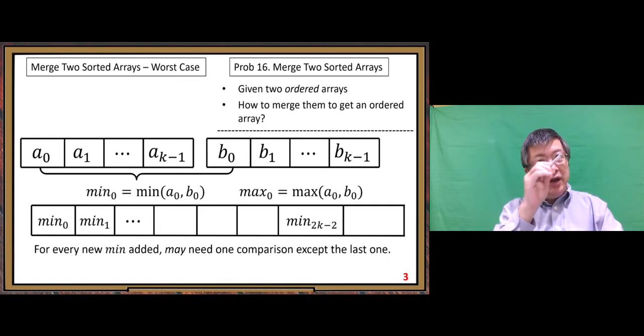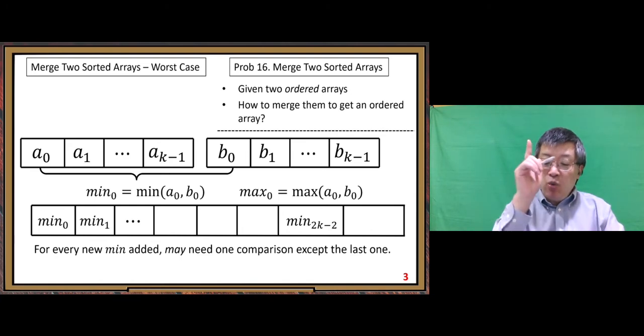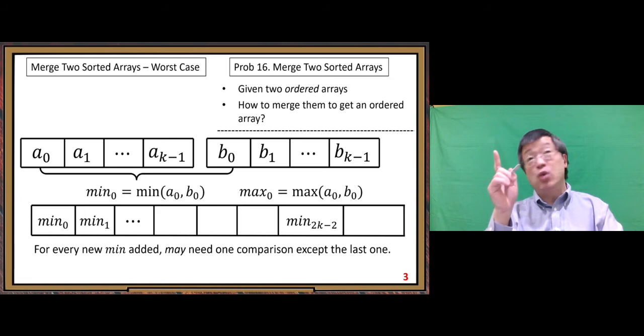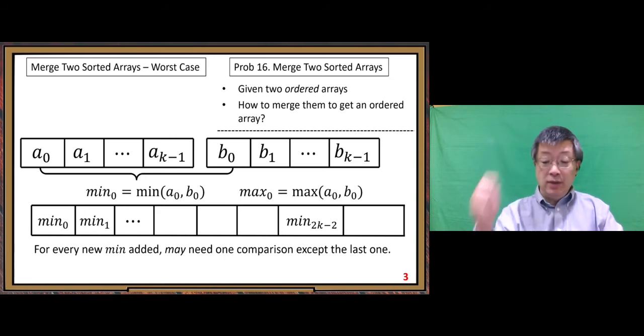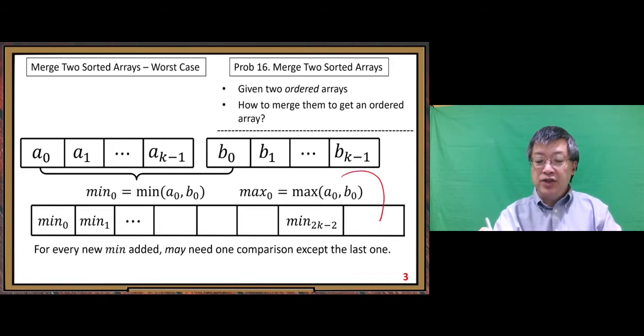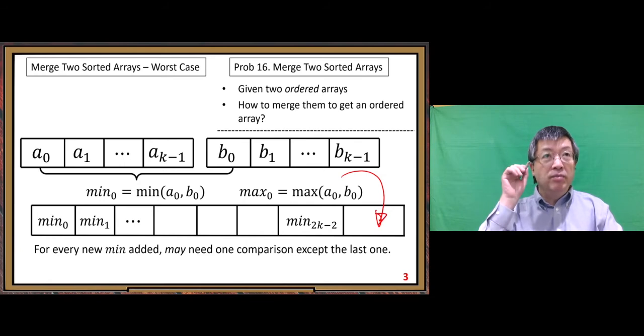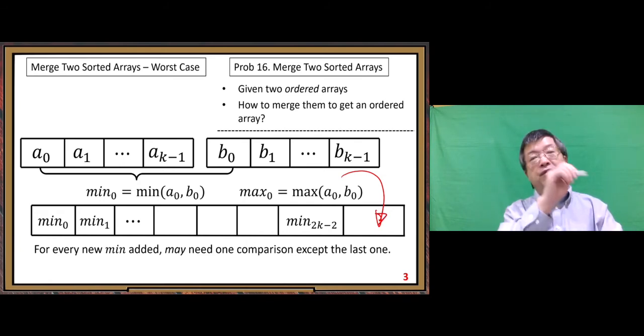Every time we get a new min in place, we need just one comparison. But for the last one, we don't need a comparison. Whatever the max is, you directly put it at the end of the result array. No comparison needed, so you can save one comparison.